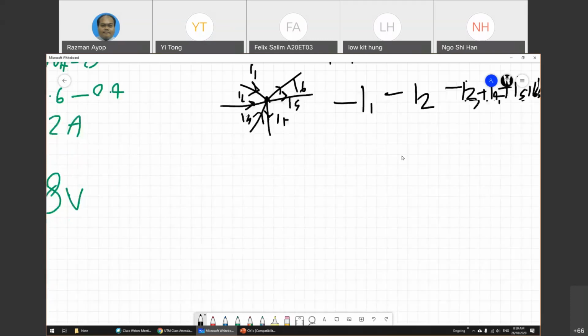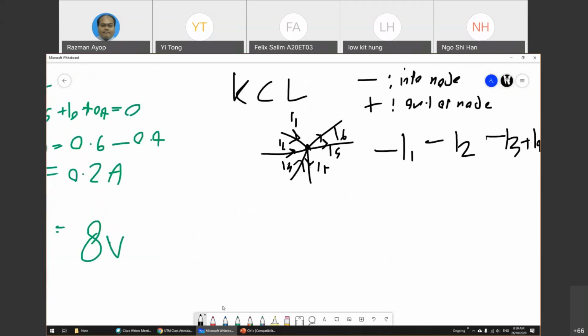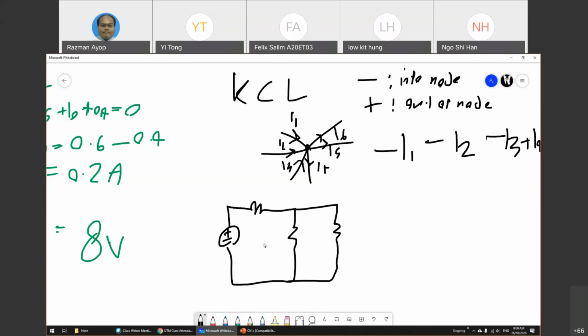Okay. How about the circuit? If I give you example of the circuit here, for example you have resistance, something like this. So this is I1, I2, I3, I4.